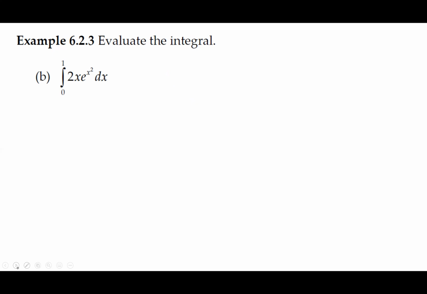So here, nice Calc 1 tool. I'm going to let u be x squared so that du is 2x dx. Also need to change my limits of integration. U of 0 is 0. U of 1 is 1. Yeah, it's the same values, but we've still changed the variable. This 0 and 1 are values of u, while the original 0 and 1 are values of x.